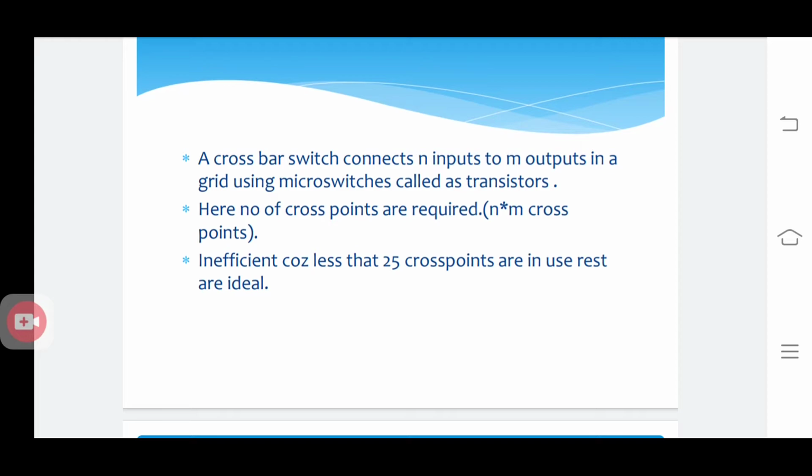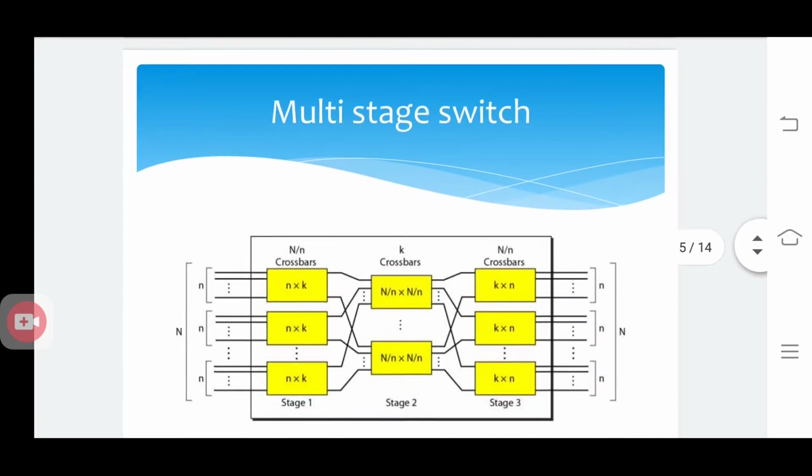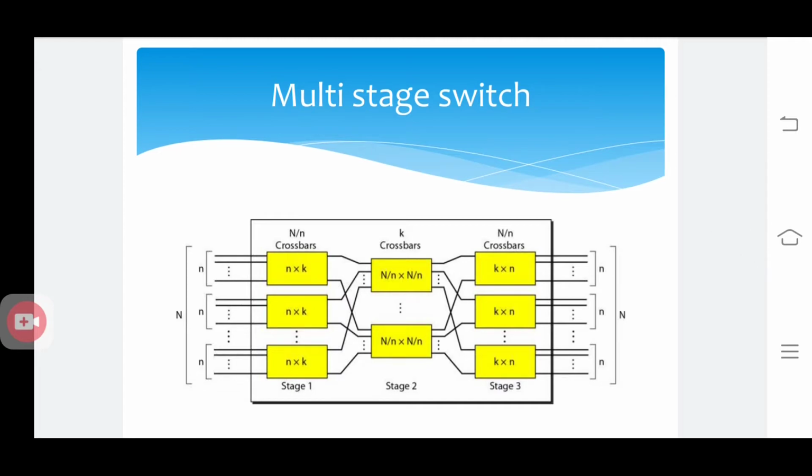Next, we have the multi-stage switch. To overcome the problems of the crossbar switch, we developed the multi-stage switch. In this figure, 3 stages are used with a number of crossbars.